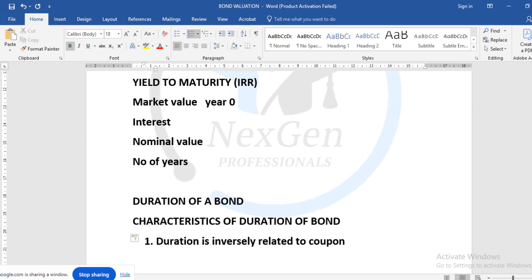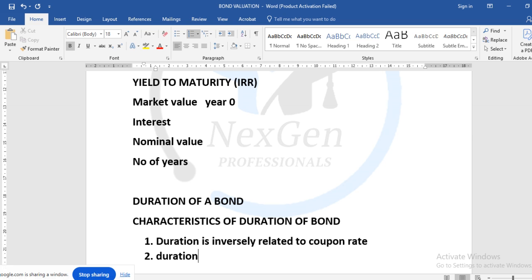The only thing I have is questions. Just follow like this. Duration is inversely related to what? To coupon rate. Of course, these are two different things. Duration means time. Coupon means what? Interest rate. So they are inversely related.